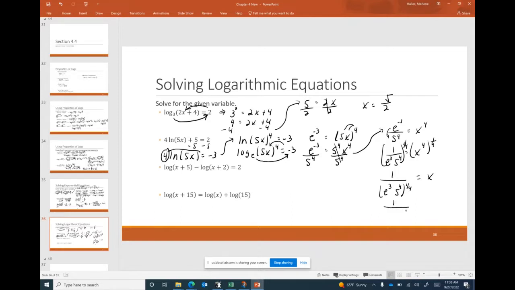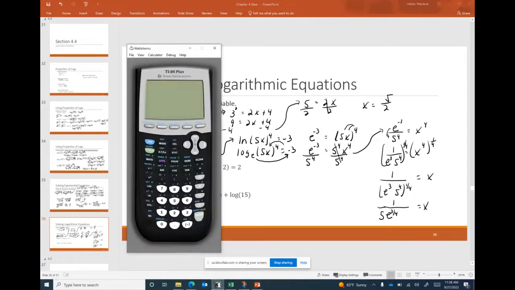So I can write that as 1 over 5 times e to the 3/4. Now if I want to approximate that, I can stick that in my calculator and find the approximate value.